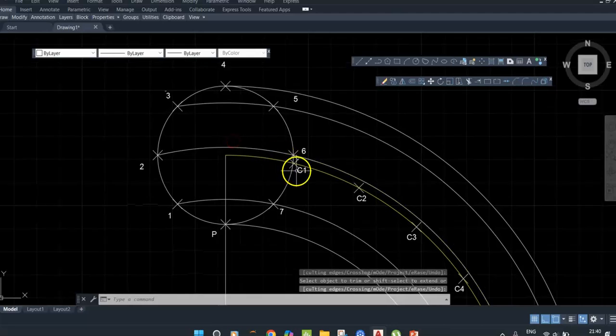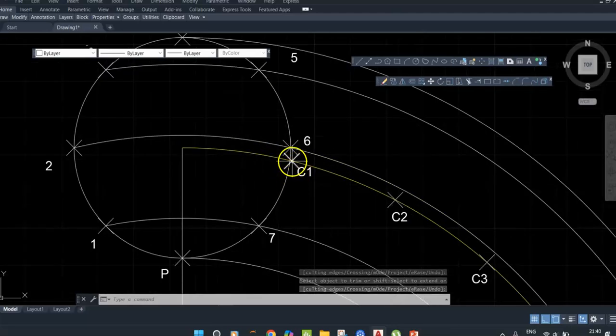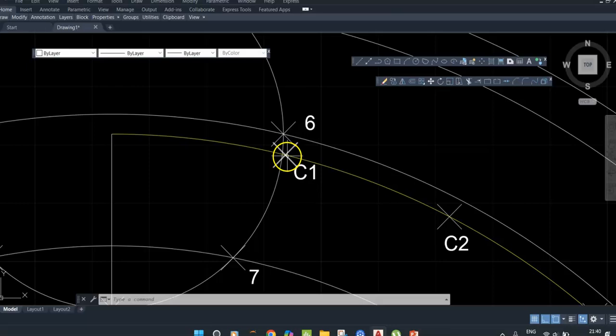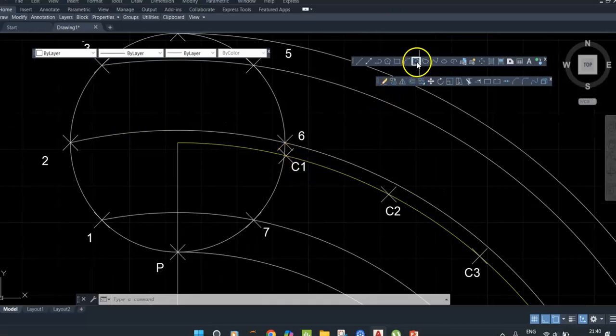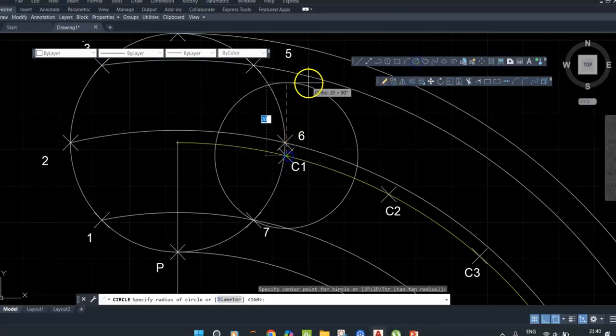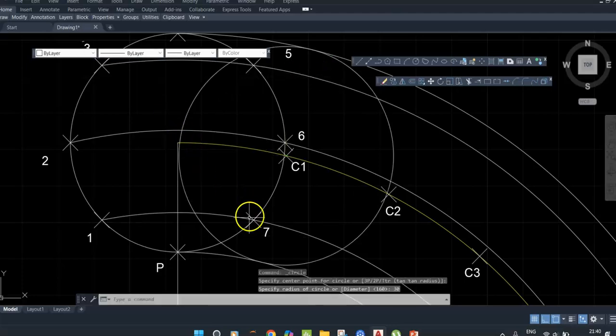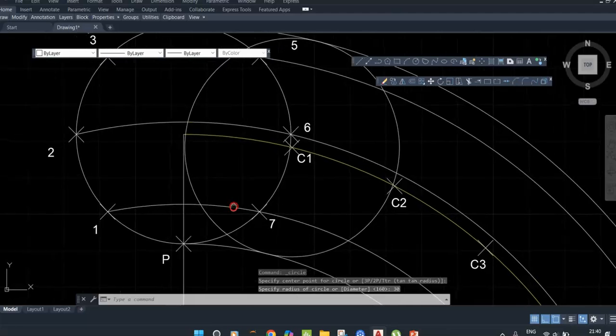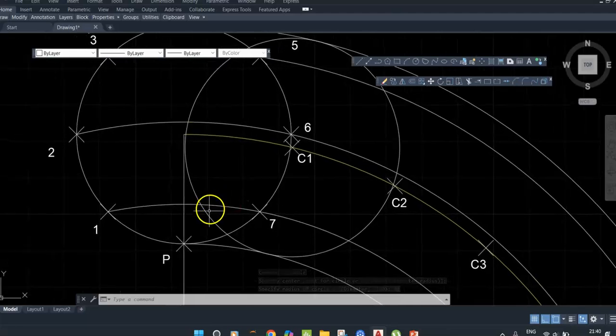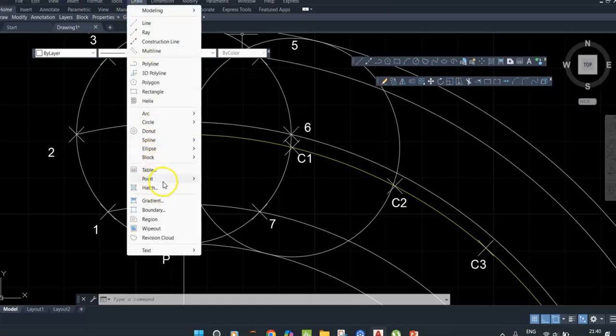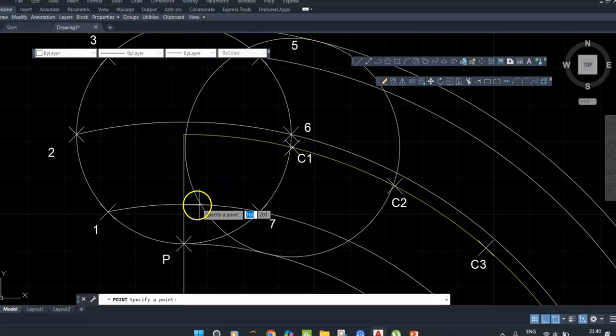From each locus line, from the centers C1, draw the rolling circle radius. This is my rolling circle now, with rolling circle radius of 30. Where it intersects the first line, mark it using point from the modify toolbar.